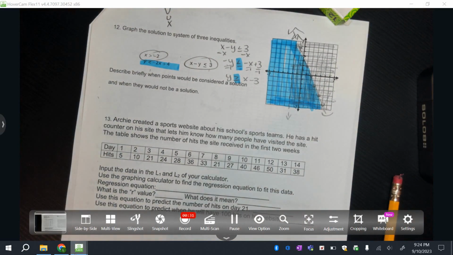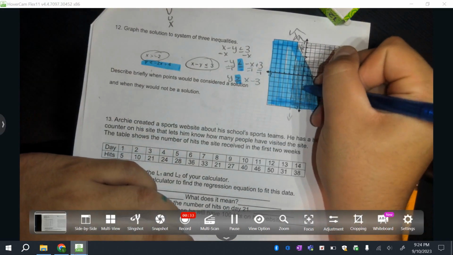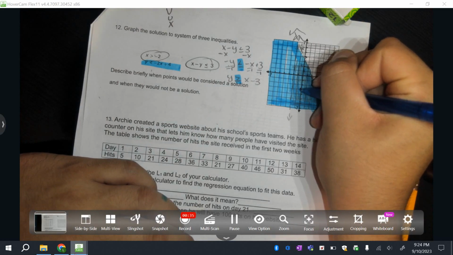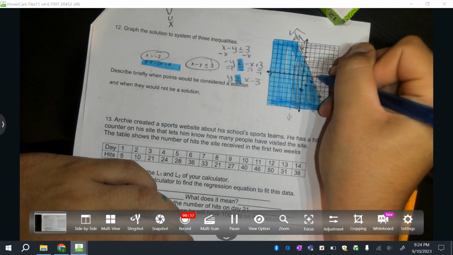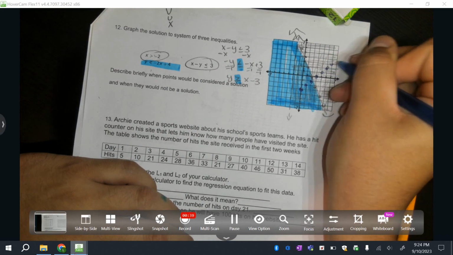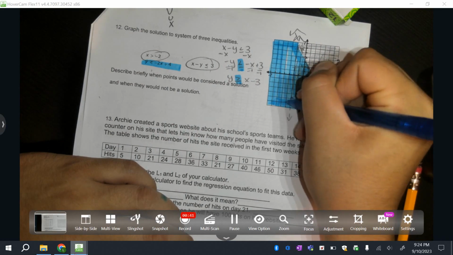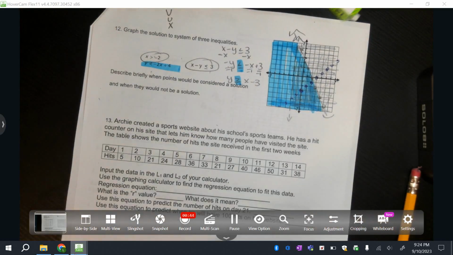Alright, so now let's graph this. We are going to start at negative 3 and then go up 1, right 1. And this one is going to be a solid line.